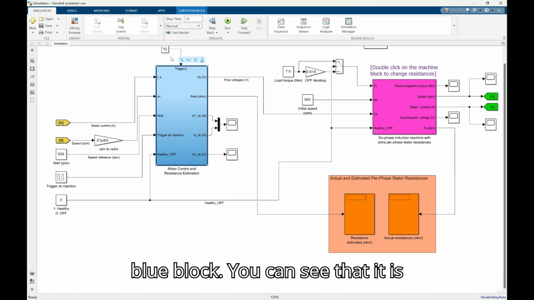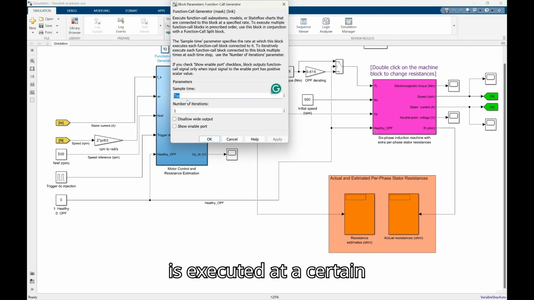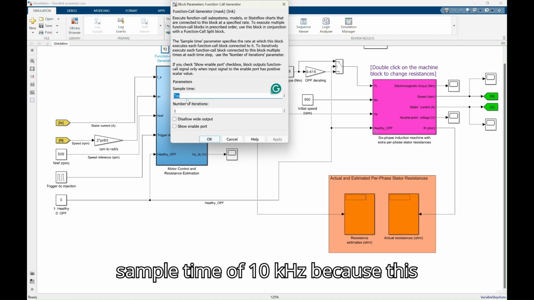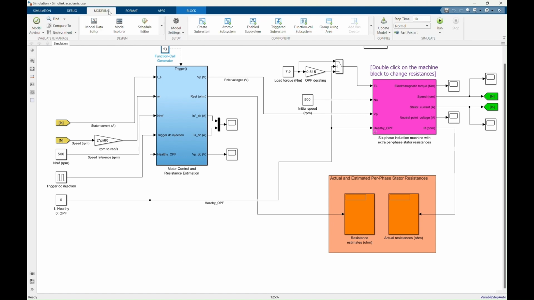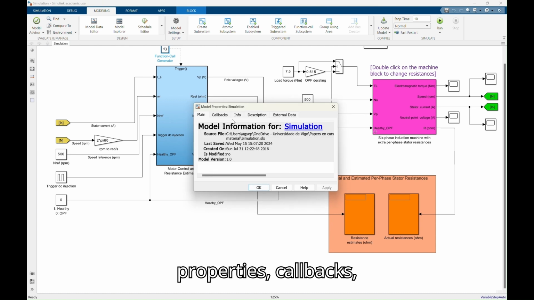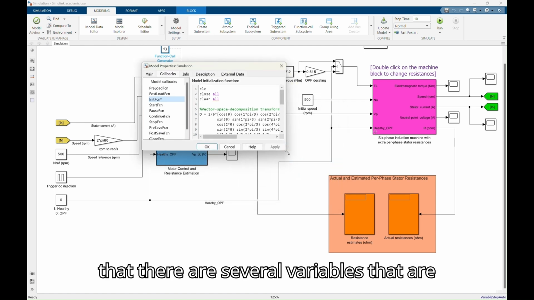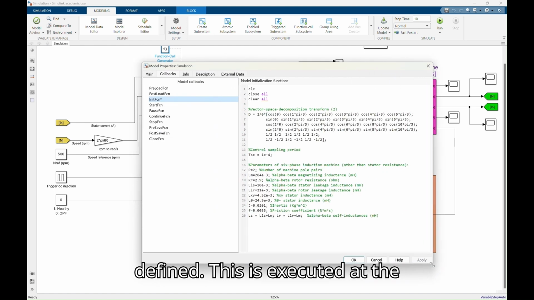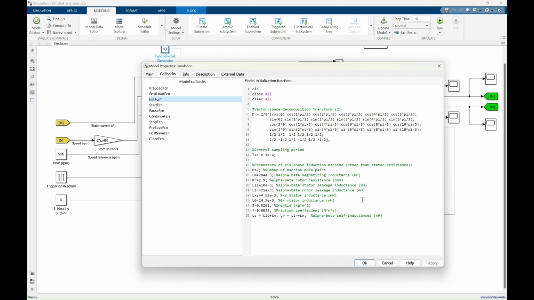You can see that it is triggered by a signal that is executed at a certain sample time of 10 kilohertz, because this variable is defined here in the model settings, model properties, callbacks, init function, and you can see here that there are several variables that are defined. This is executed at the very beginning of the simulation when you run it.